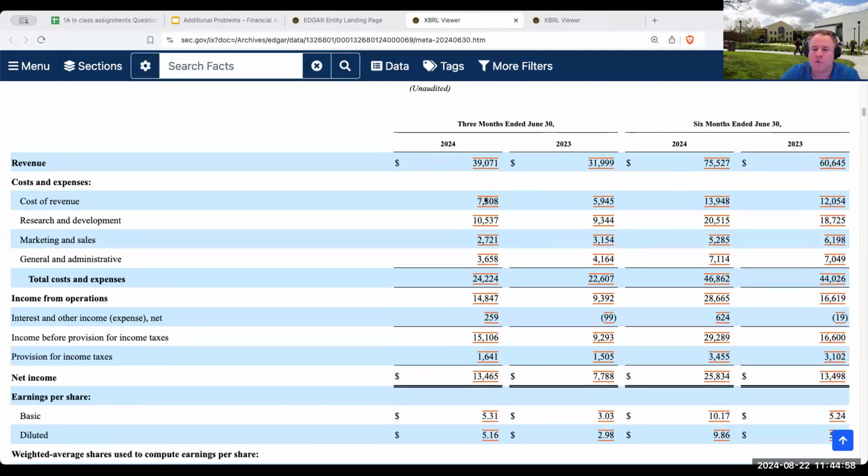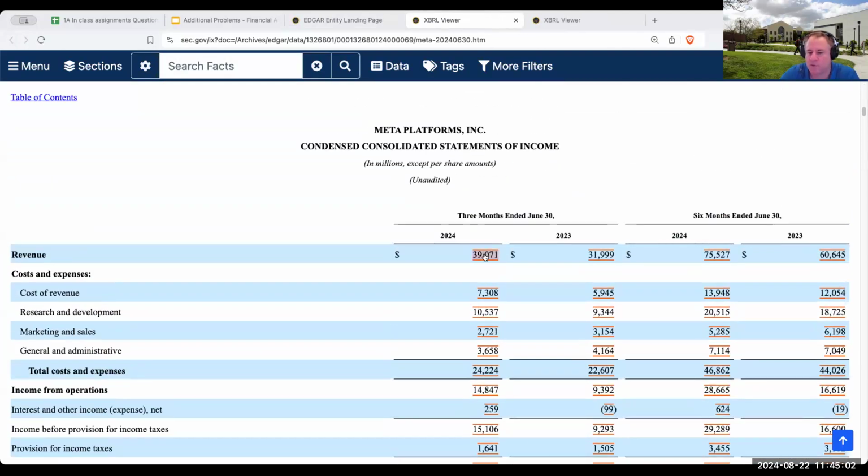Okay, revenue, right? So Facebook or Meta Platforms had 39 billion of revenue, and then costs and expenses, right? So you see over here, expenses, those are reductions, right? So you're basically taking your revenues minus your expenses, and that is giving you your income, right? So this is the concept of an income statement, or what we earned over a period of time.